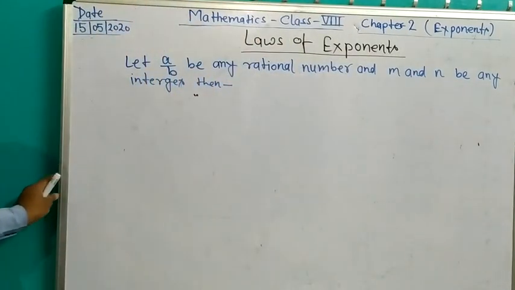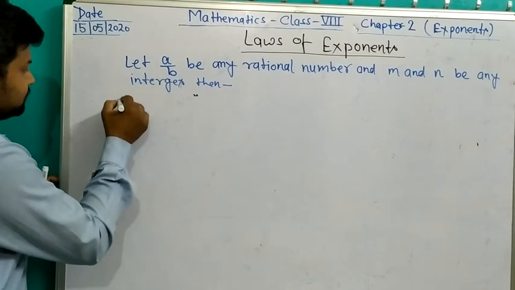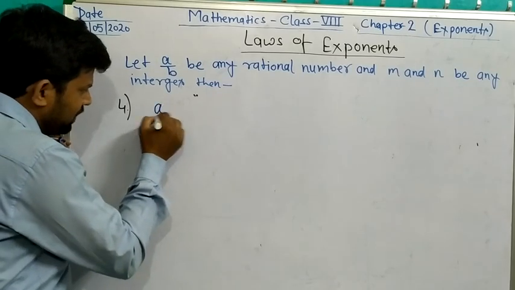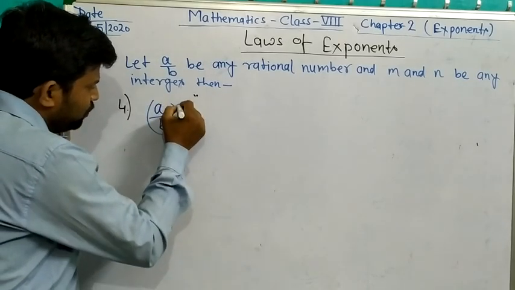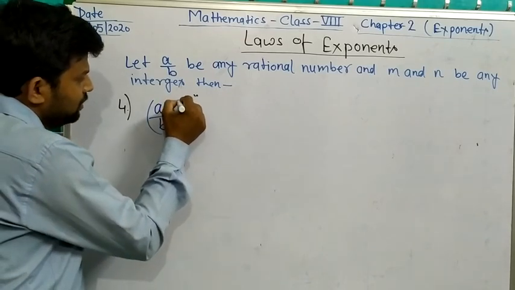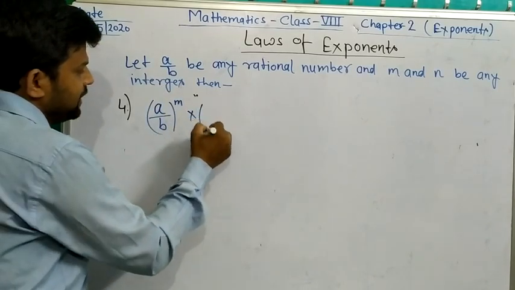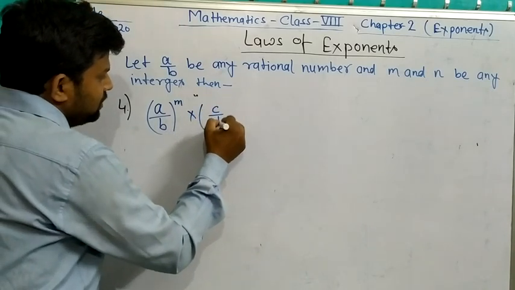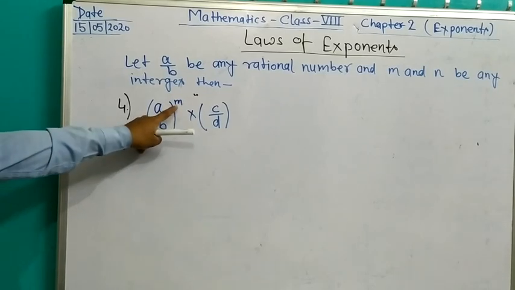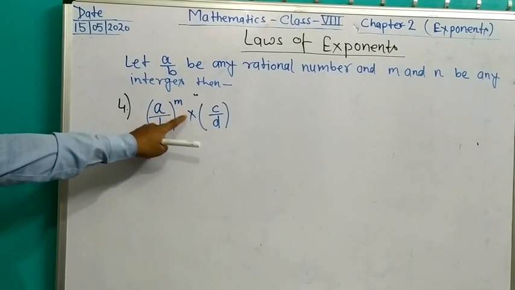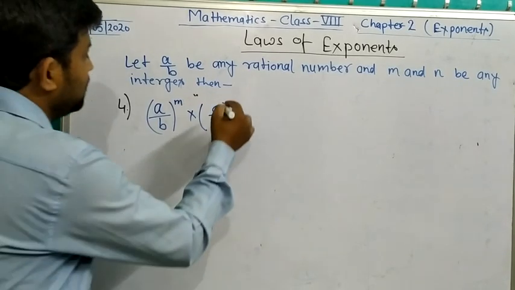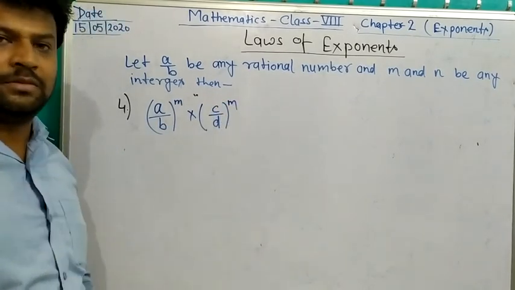Fourth property is (a/b)^m multiplied by (c/d)^m.